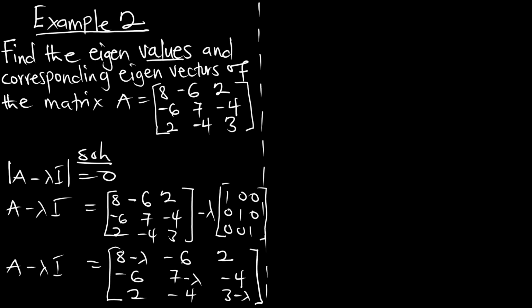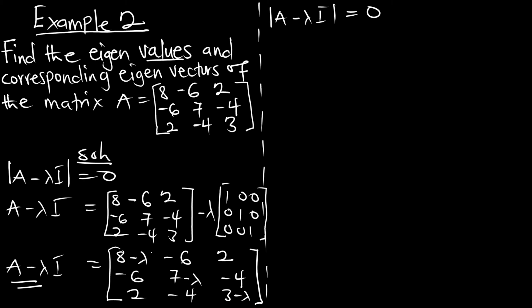So this is an expression for the matrix A minus lambda I. So in order to find the eigenvalue, we must find the determinant of this matrix A minus lambda I and equate it to 0. So here, let's look at how best we can find the determinant.